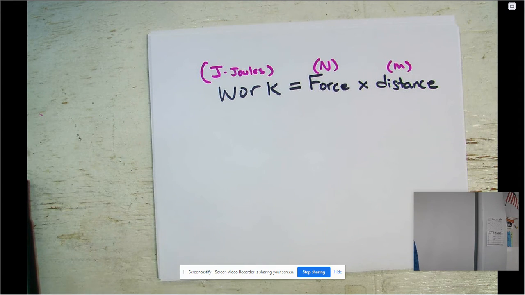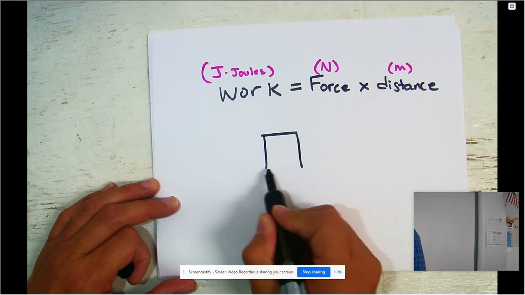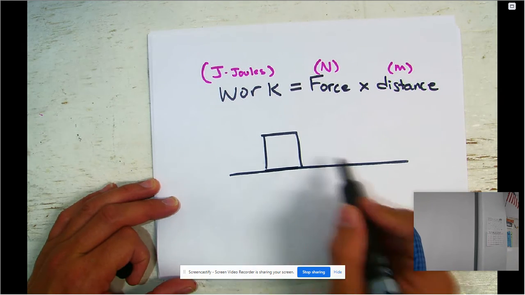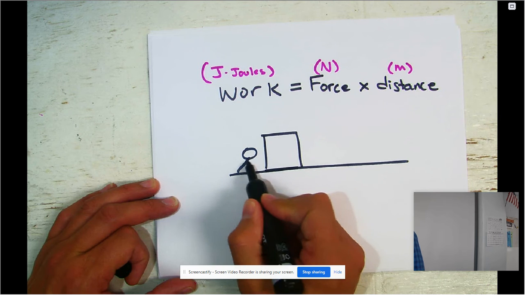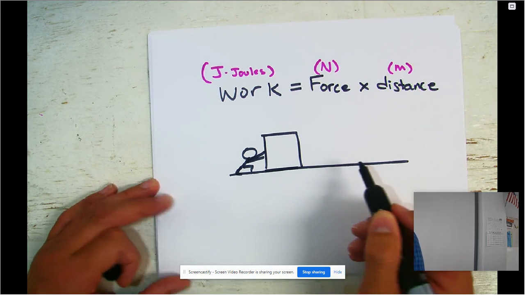So let's take a look at an example for work. Let's say that we had a box. We wanted to move this box. Let's say that we're trying to push the box, right? We're trying to push this box.